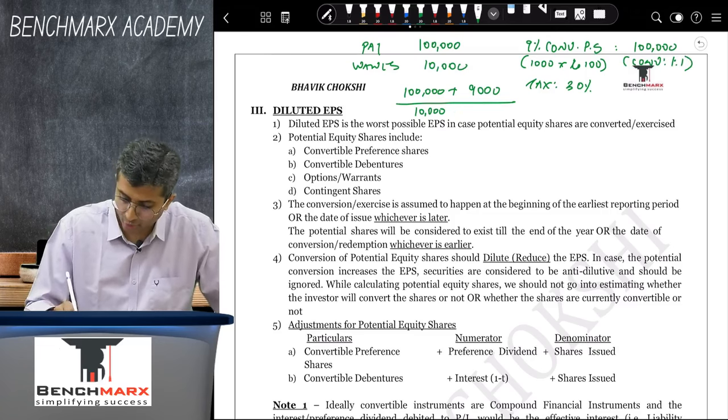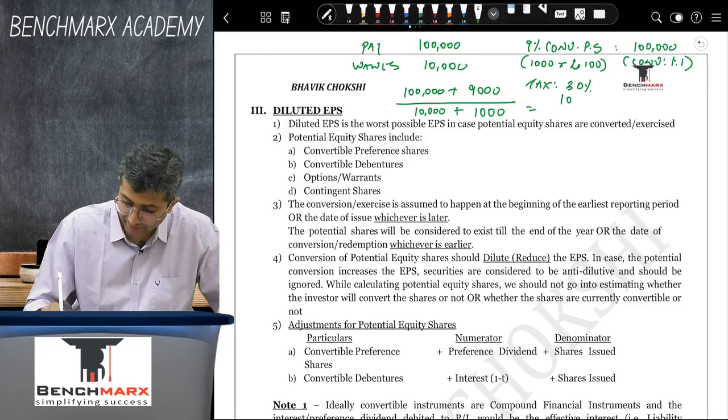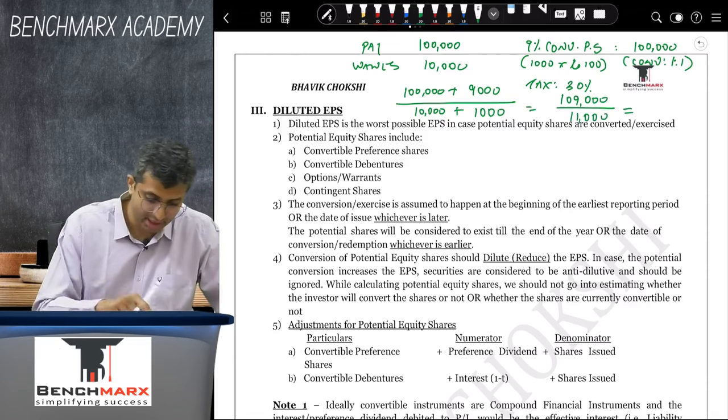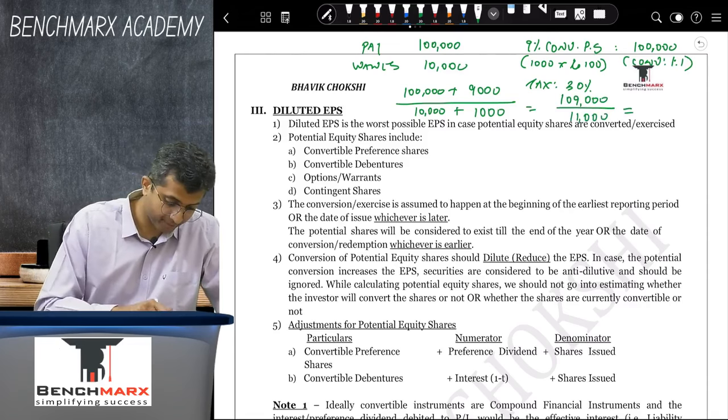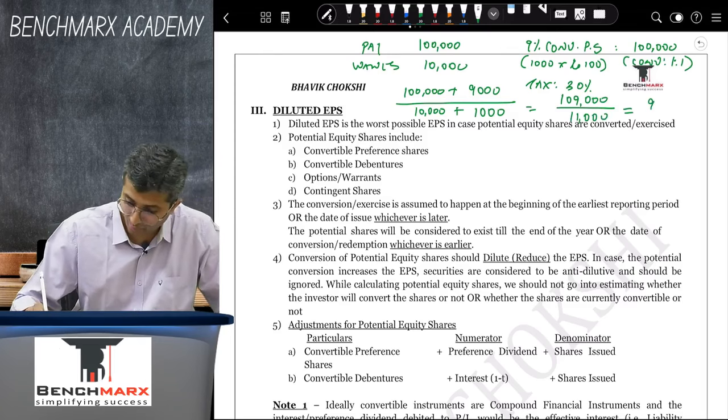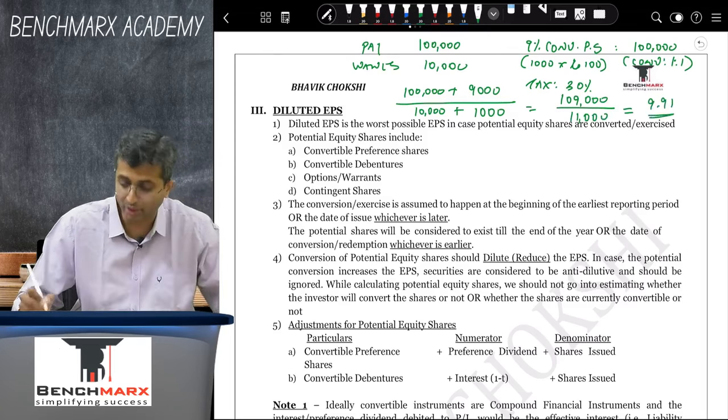So over here, let us say 1,000 preference shares will convert into 1,000 equity shares, and as a result, if preference shares were to be converted, then 1,09,000 will be the profit and 11,000 would be the shares. So 1,09,000 upon 11,000 will be 9.91. So this will be the diluted EPS. Your basic EPS was 10. The diluted EPS over here is, let us say, 9.91.